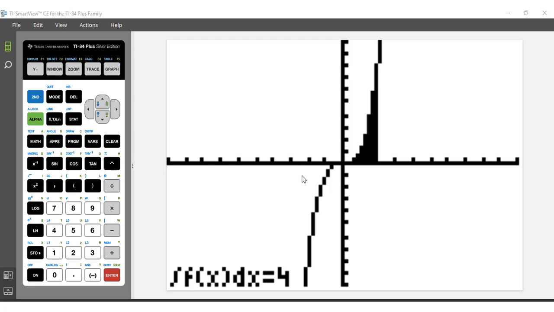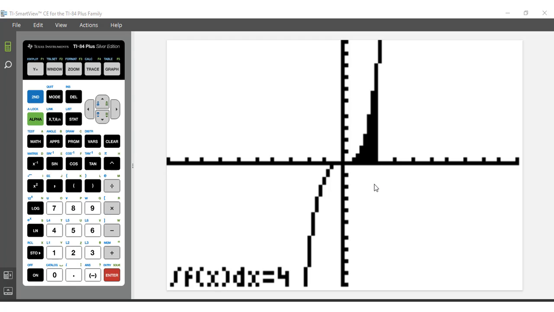According to the definition of definite integral, when a function is a positive function for a certain interval, then the definite integral will be the shaded area under the curve. For this specific example, we know this function x to the third power is positive for the interval from 0 to 2.